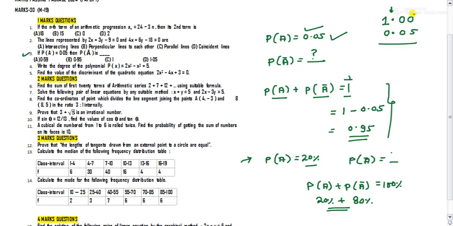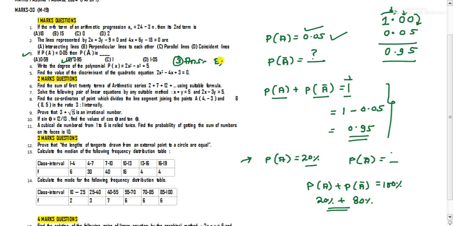Now subtract here. 10 minus 5 is 5. This is 9. Now 9 minus 0 is 9. And 1 had gone there, so now it is 0. So 0 minus 0 is 0. So the answer is 0.95.